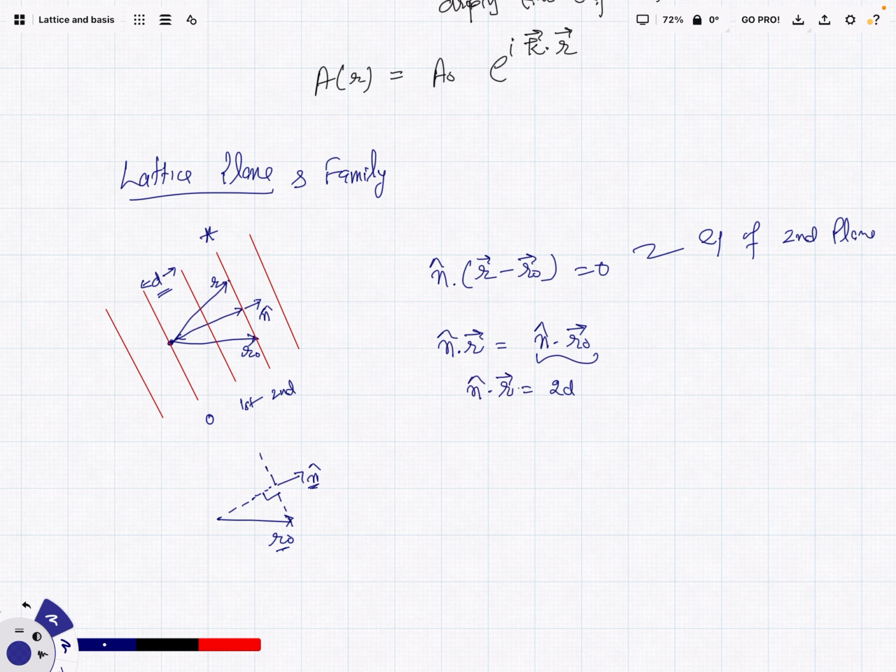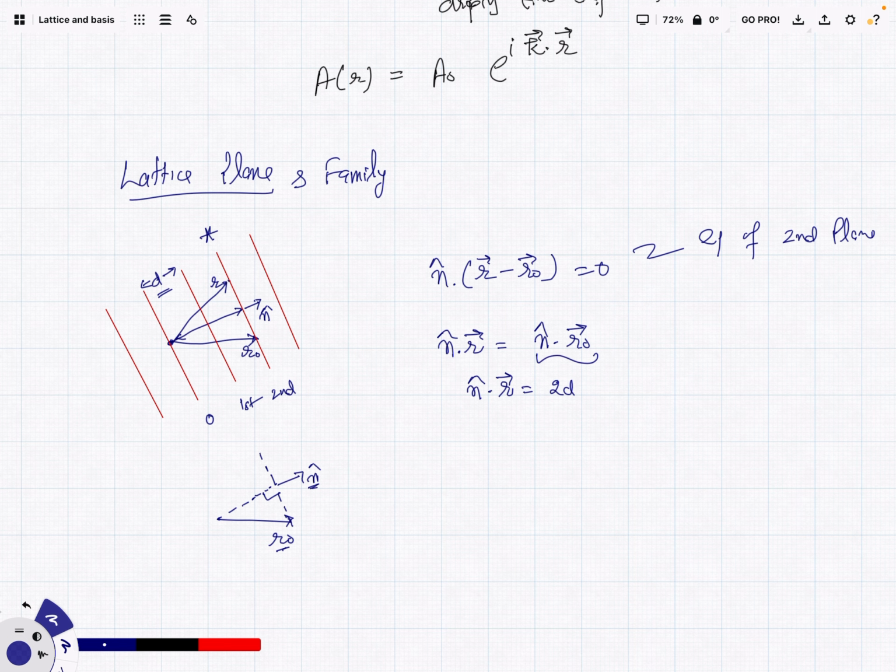No, r naught is not in the plane. You see, r naught is a position vector of a point in the plane. This is the plane. You take it from the origin, you take any point which you know, right? And then it's not 0, right? Then sir, equation n cap.